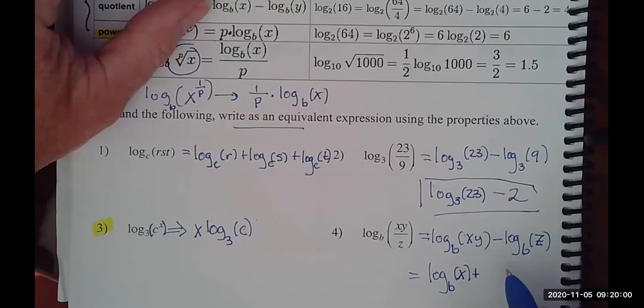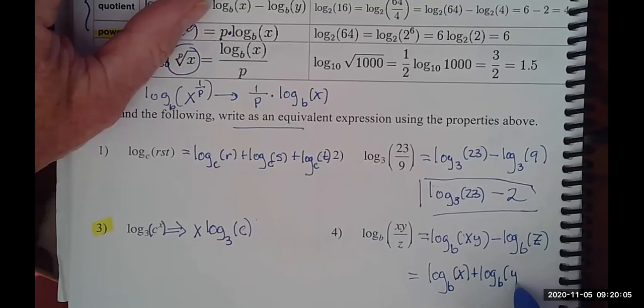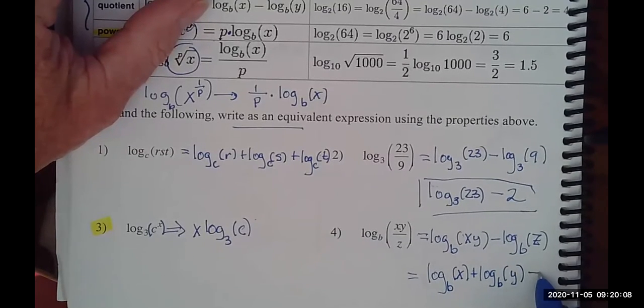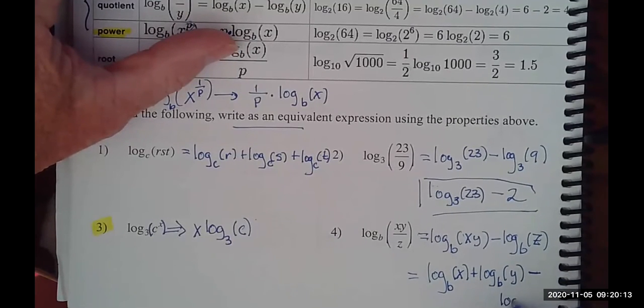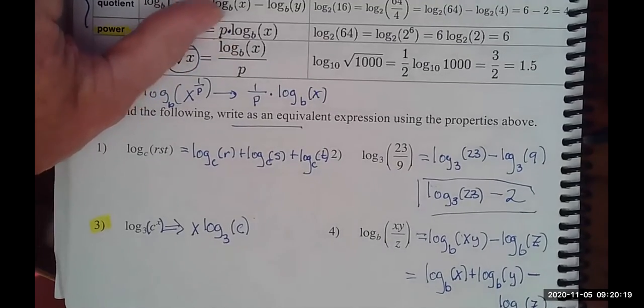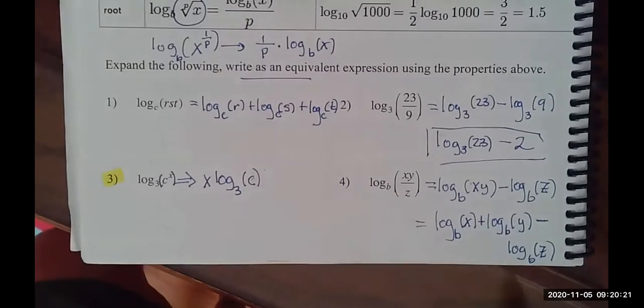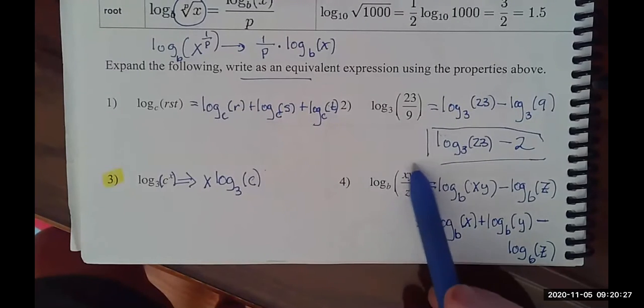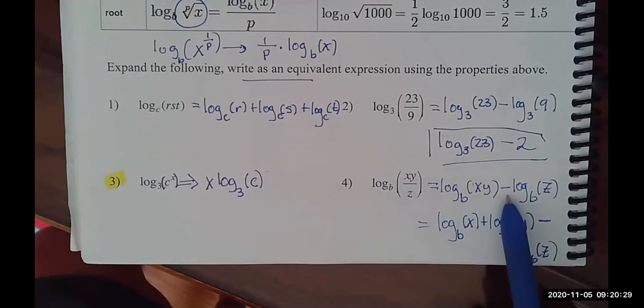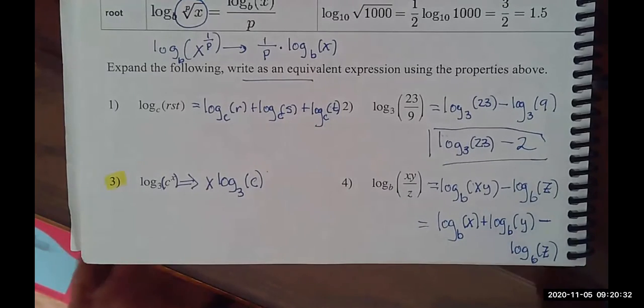I'm going to run out of room. And then you minus this piece. You write this piece over again. So this is a product, so it becomes a sum. This was a quotient to begin with, so the denominator is being subtracted from the numerator. The rest of it is just doing similar things.